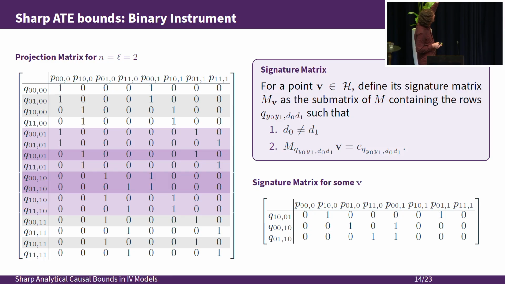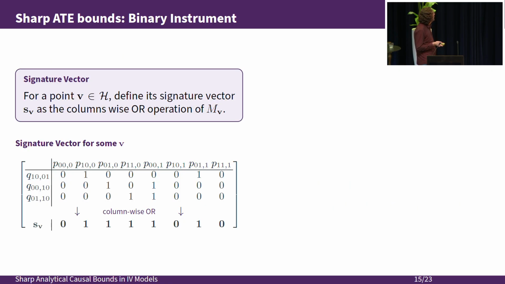So there are some gray rows that are active for that point; those rows attain equality for that point. We use the intersection of these pink and gray vectors as the signature matrix for our points. And by using just a column-wise OR over our signature matrix, we get the signature vector for some point V.